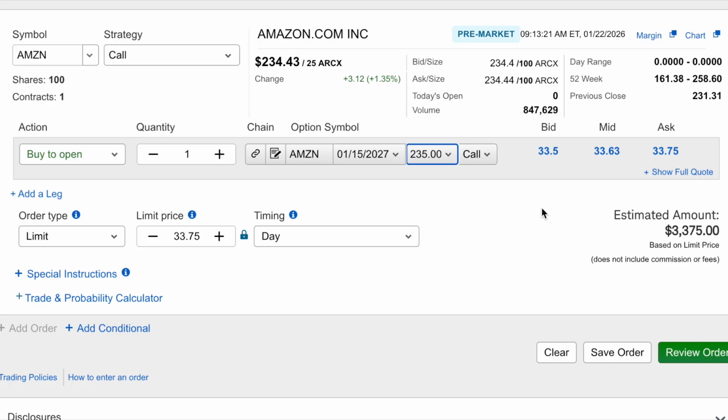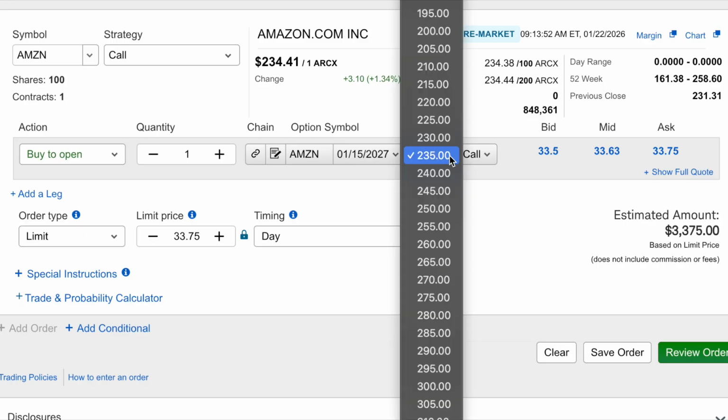Now, let me ask another question. Where does Amazon have to get to essentially break even on this trade, where the stock gets to a certain price on expiration Friday? We didn't make money, but we didn't lose money. What price would Amazon have to get to?